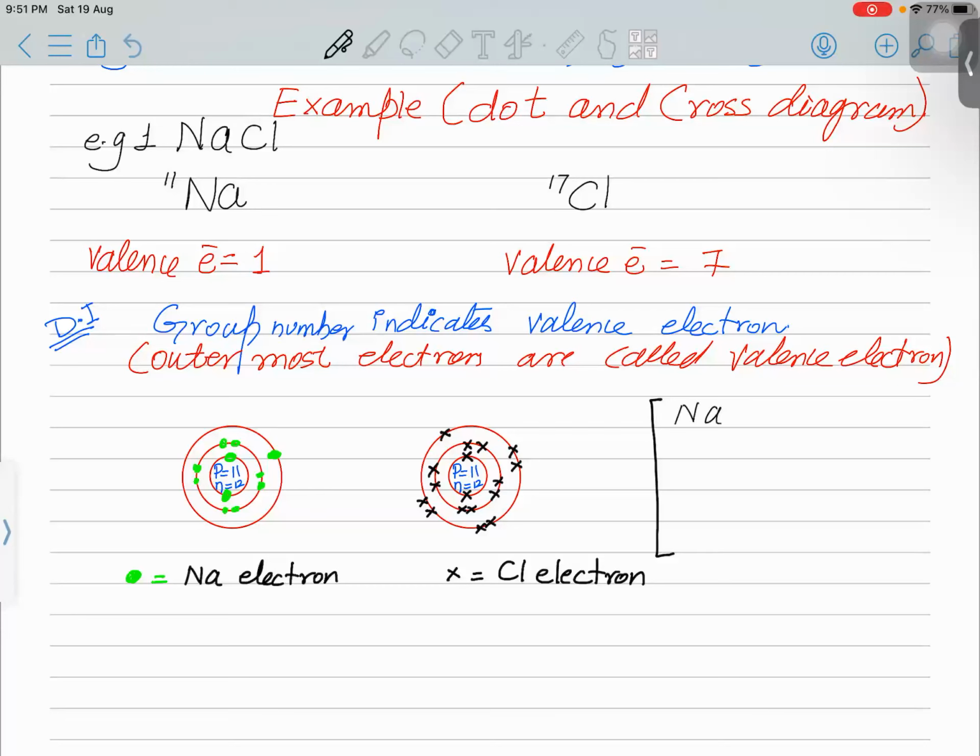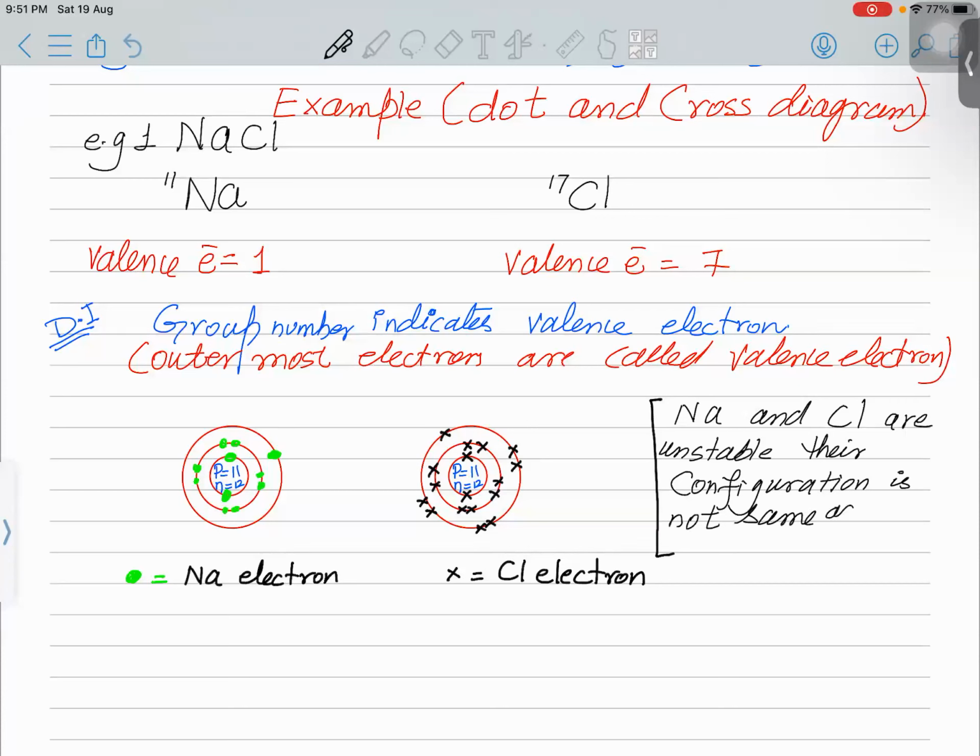Sodium and chlorine are unstable. Their configuration is not the same as noble gas.